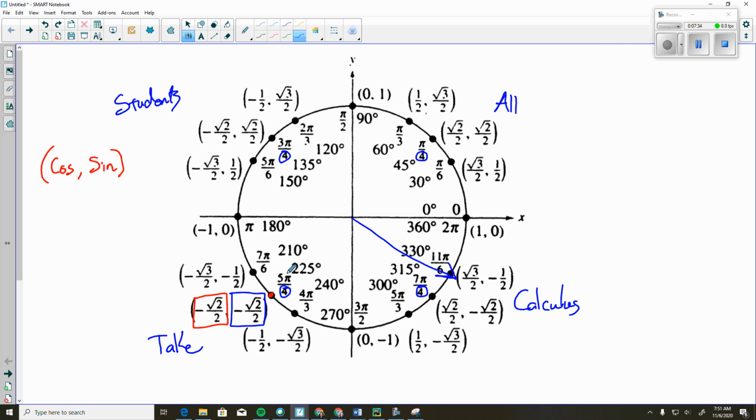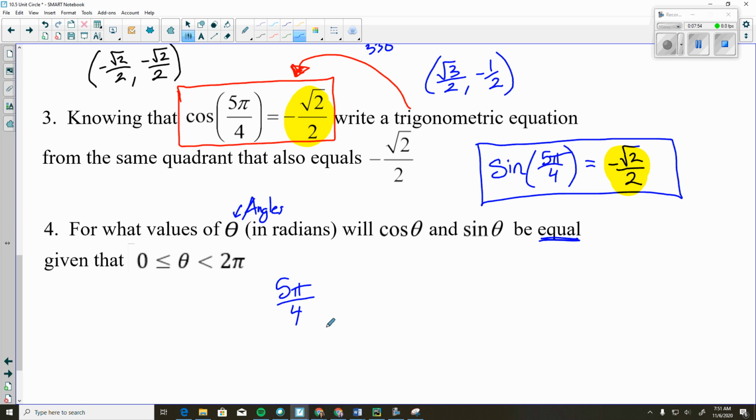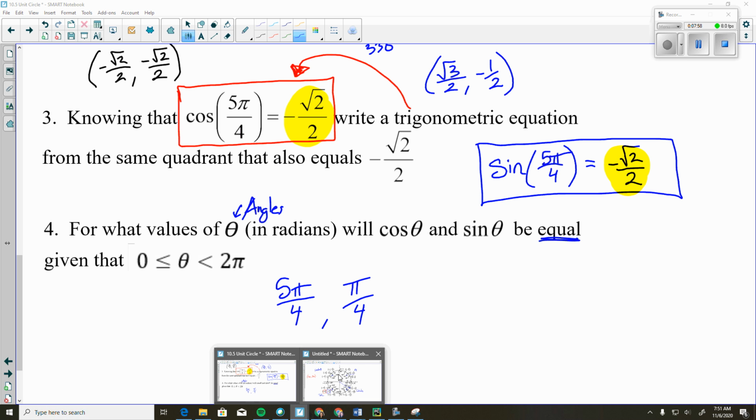Okay, where else? Where else are sine and cosine equal? Okay, so if you're looking maybe over here at pi divided by 4, the sine, which is the y, and the cosine, we get the exact same value. Okay, so pi over 4 would be another angle in radians where they're equal.